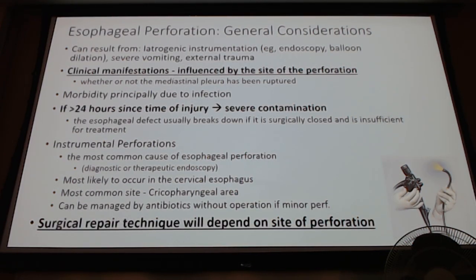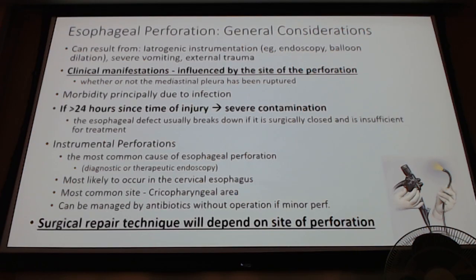Some other general considerations. Clinical manifestations are really influenced by the site of perforation. If it's up in the upper esophagus, you may have dysphagia, you may have a cough, you might have that globus sensation. If it's lower mediastinum, you may have that substernal pain, chest pain, mediastinal type pain.